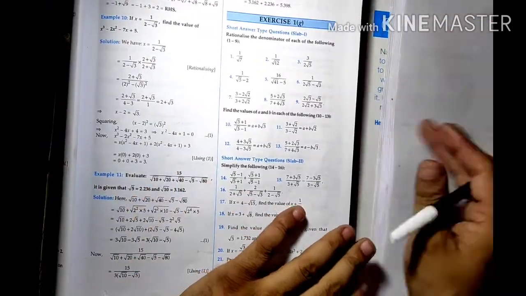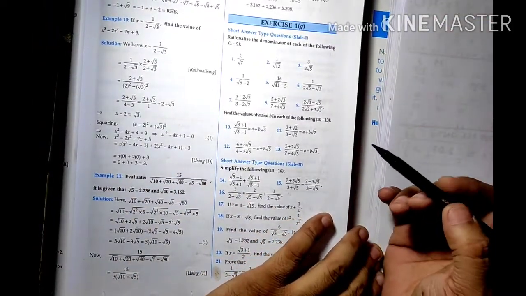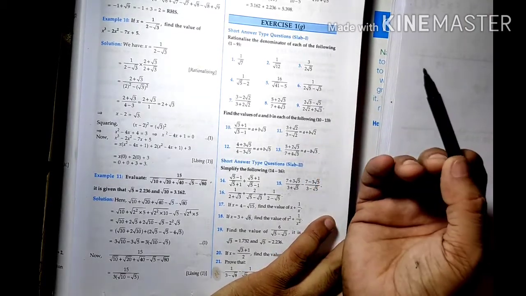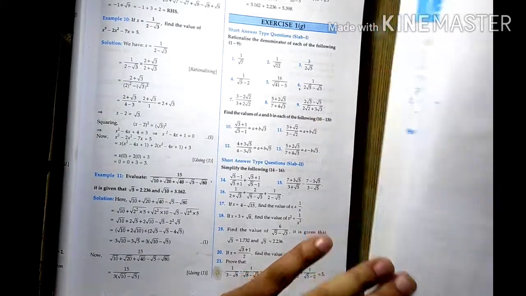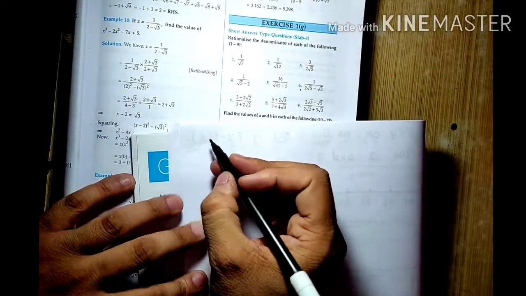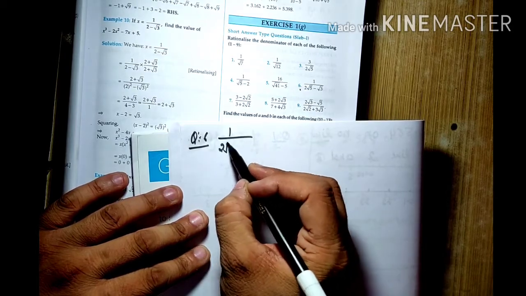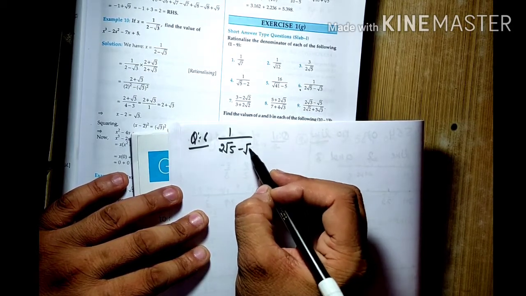Now let's take one more question. Exercise 1G, and take a difficult one. Let's take question number 6. The question is 1 upon 2 root 5 minus root 3.